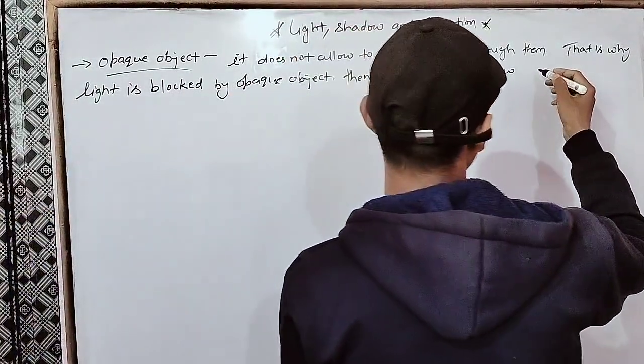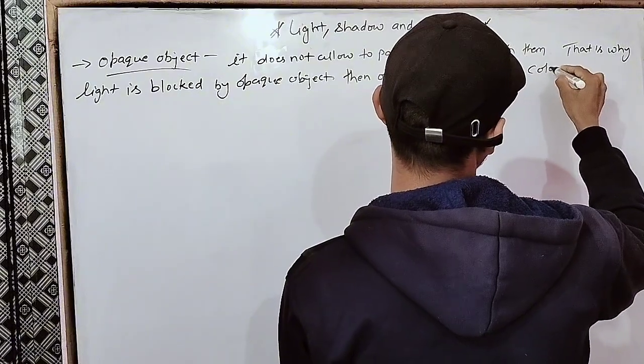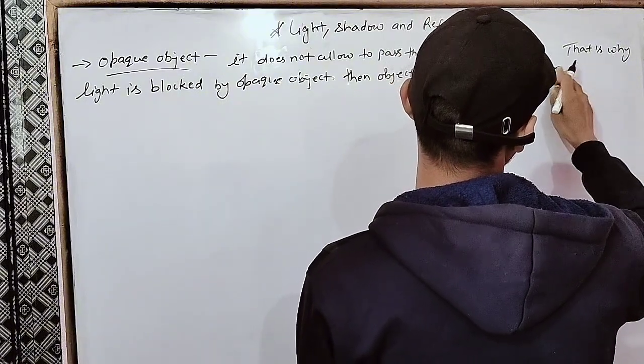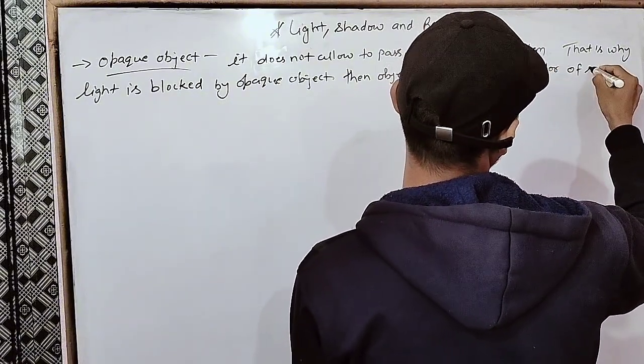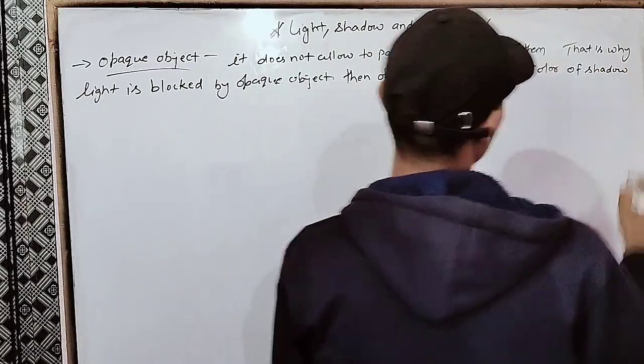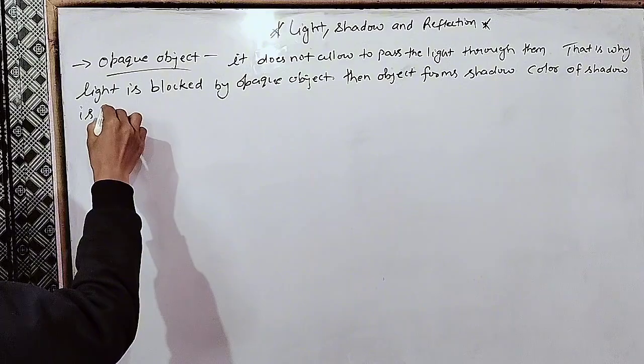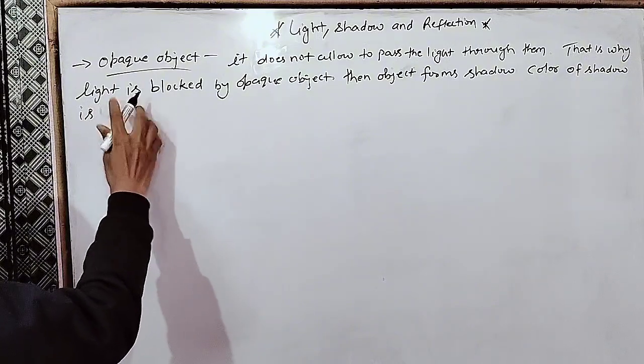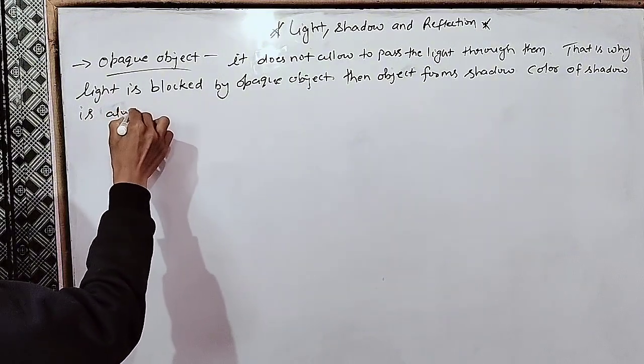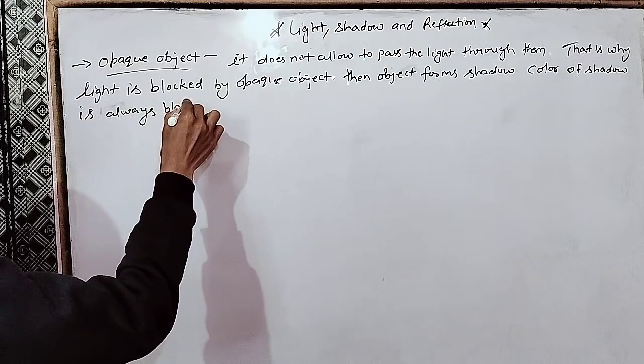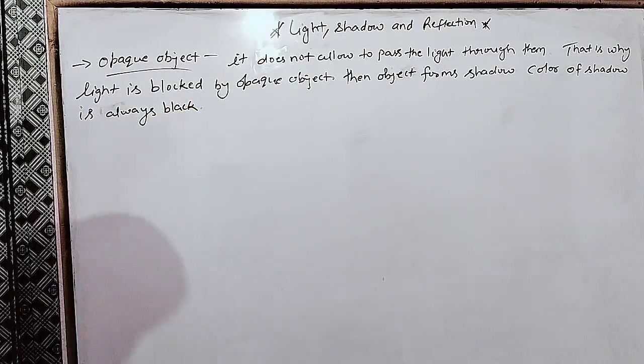So the color of the shadow is what? Black. It is always black. Okay.